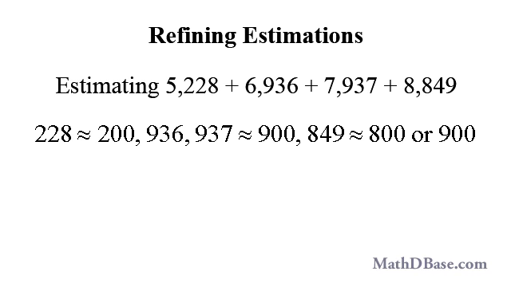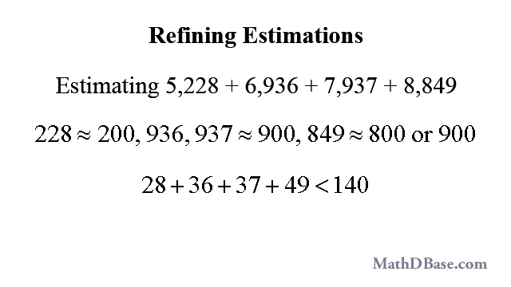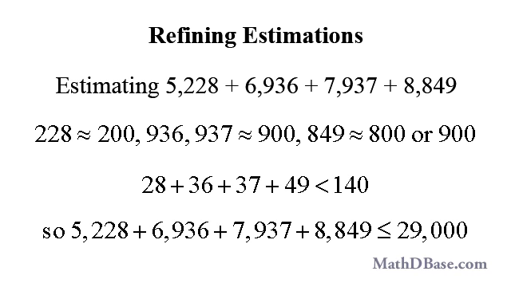Putting these four estimations together, we have between 2,800 and 2,900. The 28, 36, 37, and 49 together will add less than 140 to the result. With all of this additional information, you can say that the entire sum will be no more than 29,000.